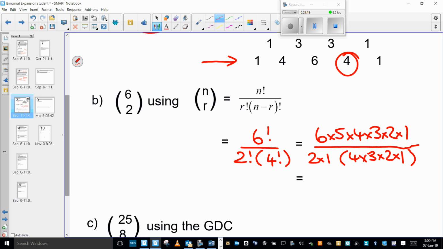Yeah, so far so good. And so obviously I can cross off the 4 times 3 times 2 times 1. And then I can see I've got 6 and 2 here as well. So I've got 3 and 1. So I've just got 3 multiplied by 5, which is 15. Or you could have done 30 over 2, which is also 15. So whilst this looks crazy and scary, the factorial business, it's actually very doable.